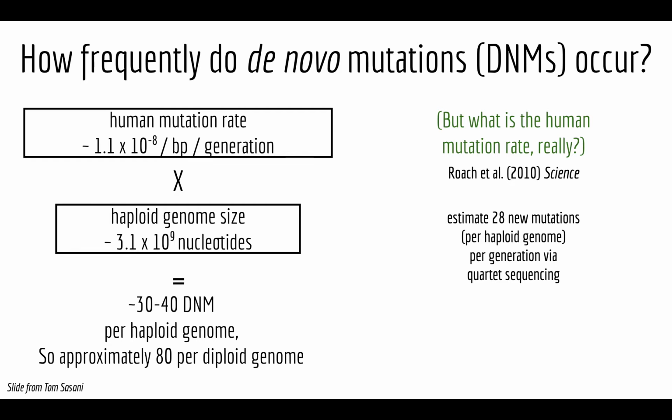But to your point, the rate is probably going to be higher if you directly sequenced gametes. If you sequenced a population of sperm, you probably would see a higher rate in at least some of the sperm, because gametes that have a really, really high mutation rate probably more often don't lead to viable embryos. That work is really just now beginning.